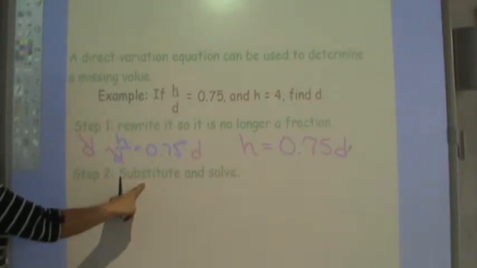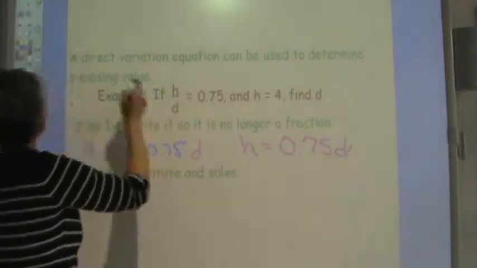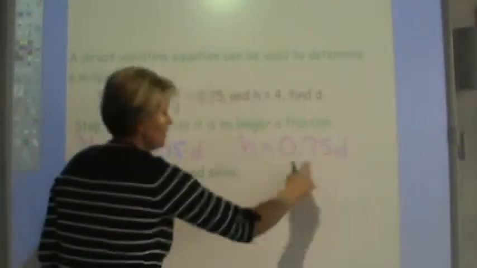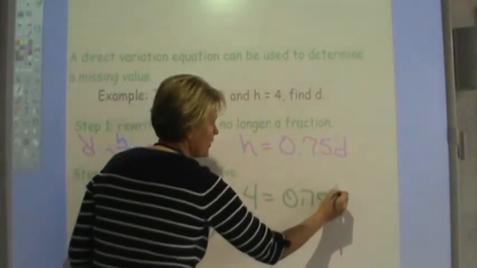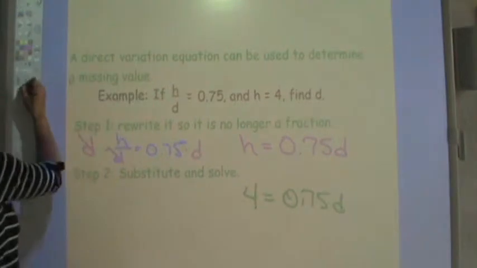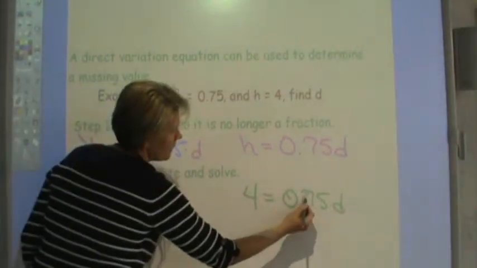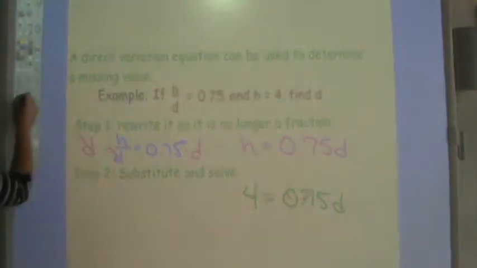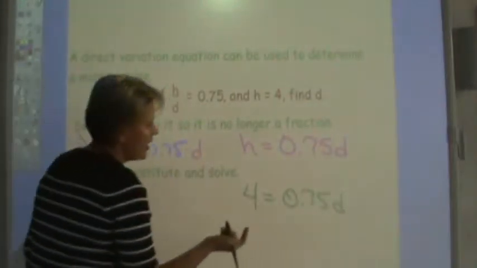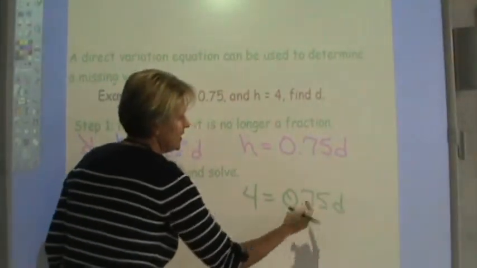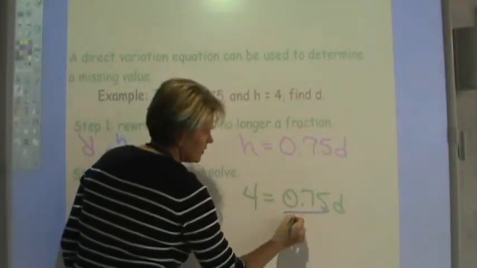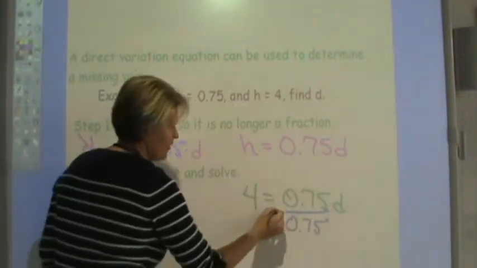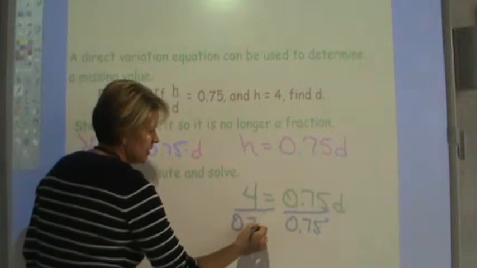Now substitute and solve. If h is 4, the rest of it's the same. If I want to figure out what d is, I would have to divide both sides by 0.75.